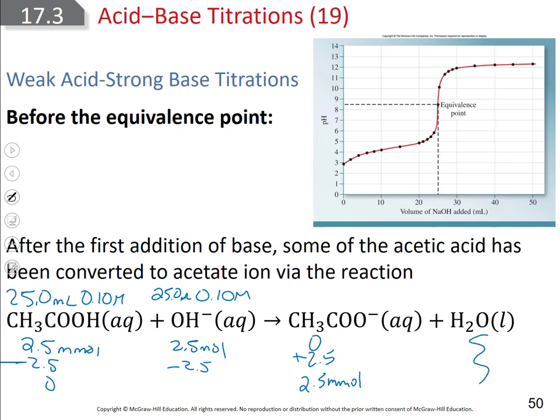And then we ignore water. So at the equivalence point, what kind of a solution do we have? What's the only thing left that could possibly affect the pH? The strong conjugate base right here.